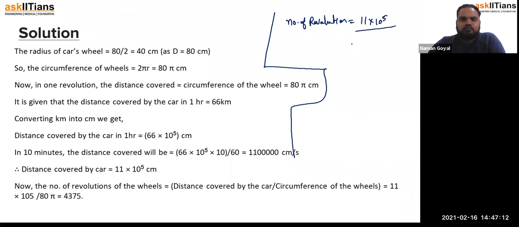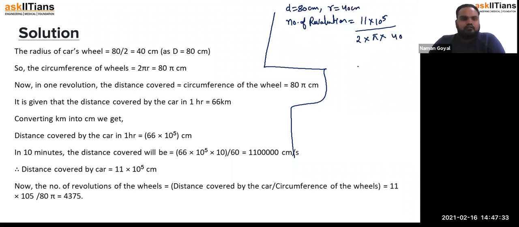Now the circumference of one wheel is 2 pi r, which is 2 into pi into r. See, 80 is the diameter, so the radius is 40 centimeter, right? So it is 2 into pi into 40.